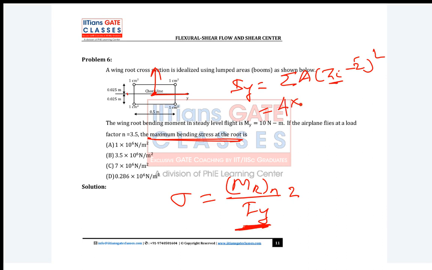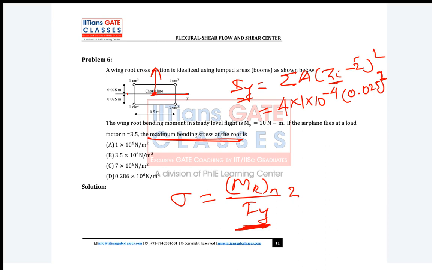You can convert to meter, so it will be 10 to the power minus 4. Am I correct? Centimeter square in meter is 10 to the power minus 4, then z distance is 0.025 square. So this is Iy.